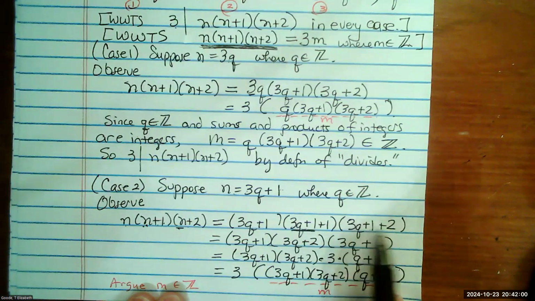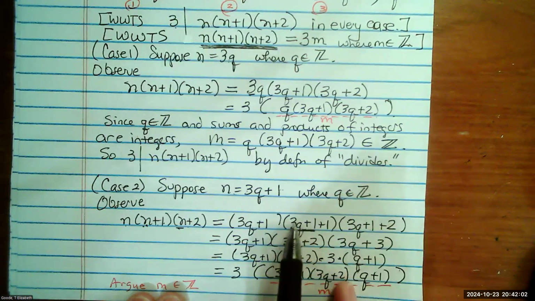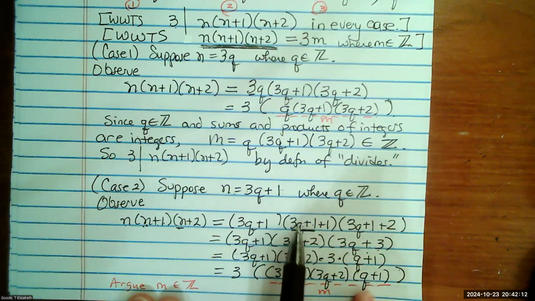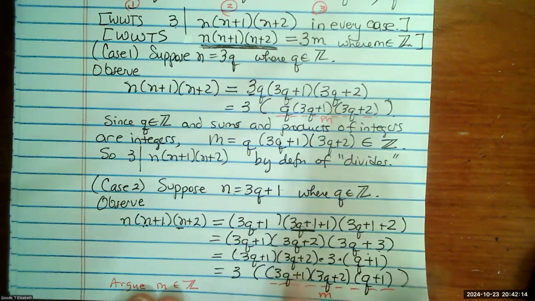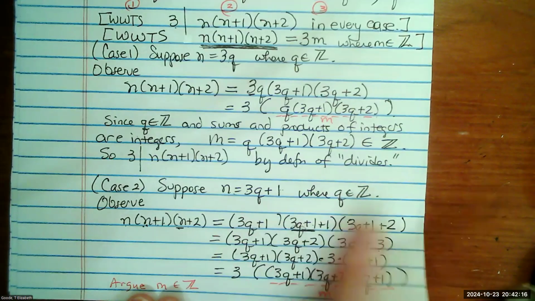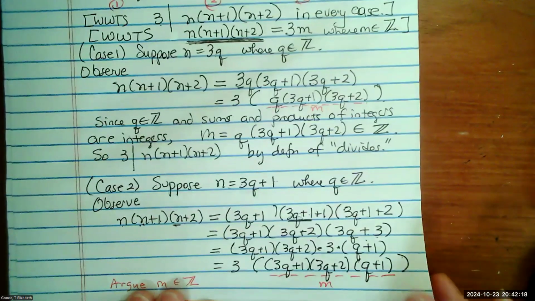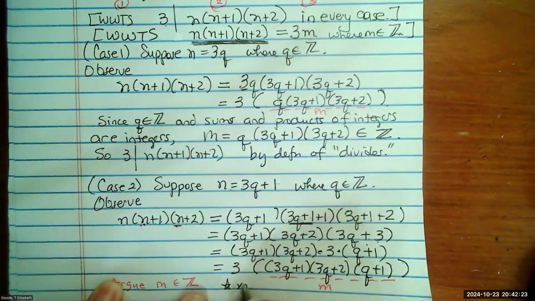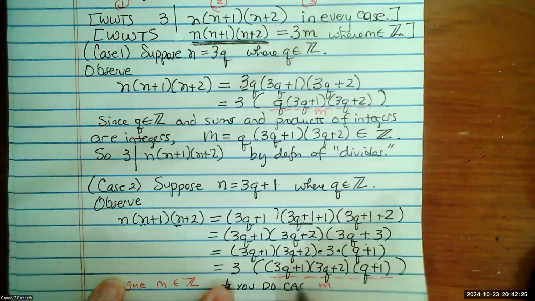So you won't be able to factor the 3 out of here, but this will turn into 3q plus 2 plus 1 in case 3. This will be your 3q plus 3. You'll just pull the 3 out of here, and you won't have to multiply these other ones together. All right, so I'll let you finish. You do case 3.